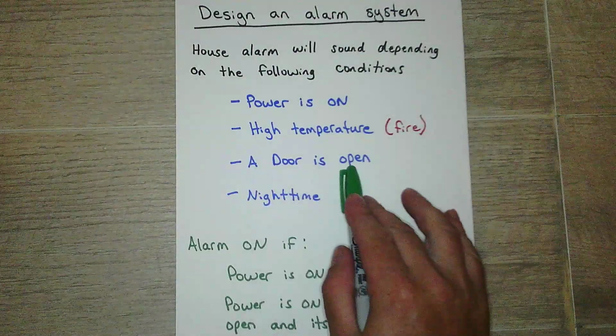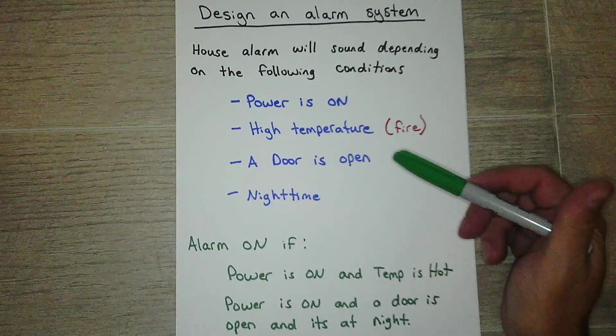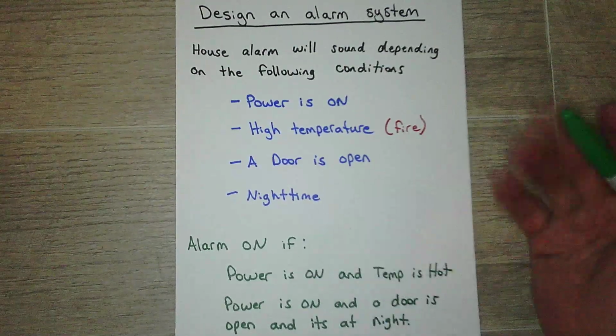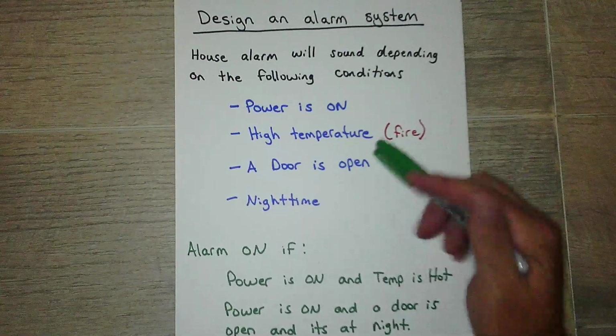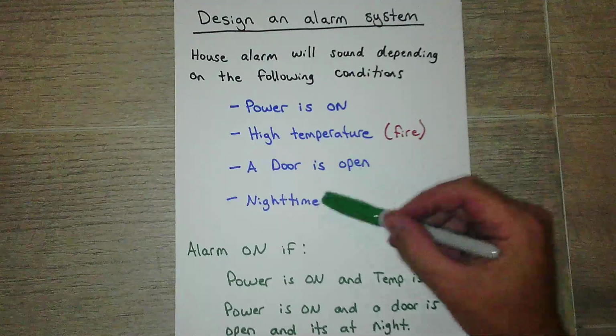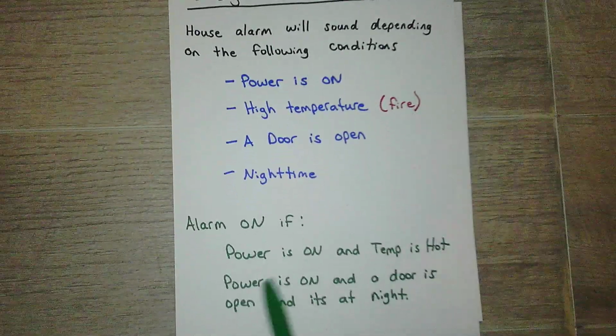And then if a door is open, somebody might be coming in, and if it's nighttime, because during the daytime you might be going in and out, so we don't want the alarm to sound every time a door is open during the day, but maybe in the middle of the night when everybody's sleeping and the door gets open, then it should sound. So here are the conditions.